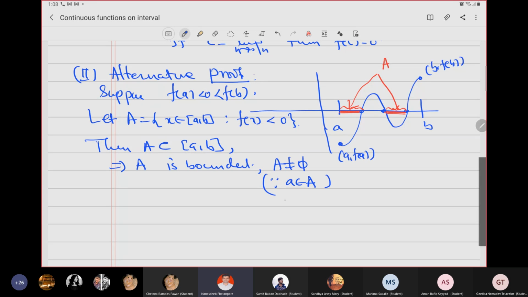So this set A is non-empty. At least one member is there. Is it clear what I am saying? Yes, sir. So this set is non-empty and bounded. So by the completeness property, what should I say?